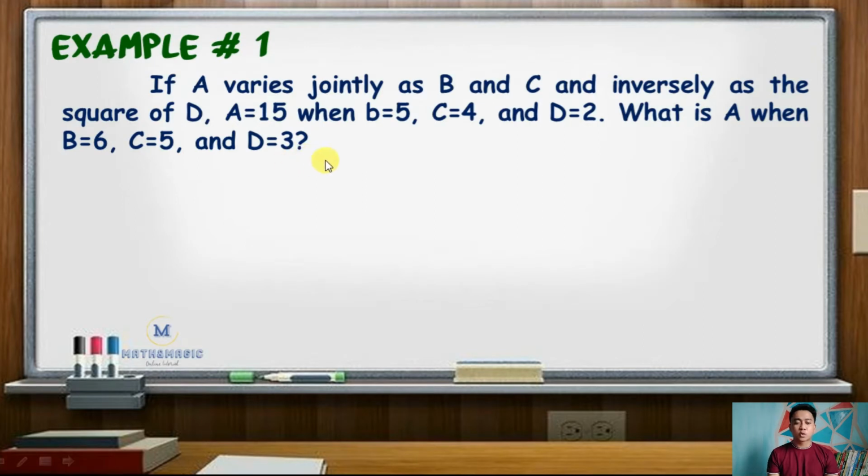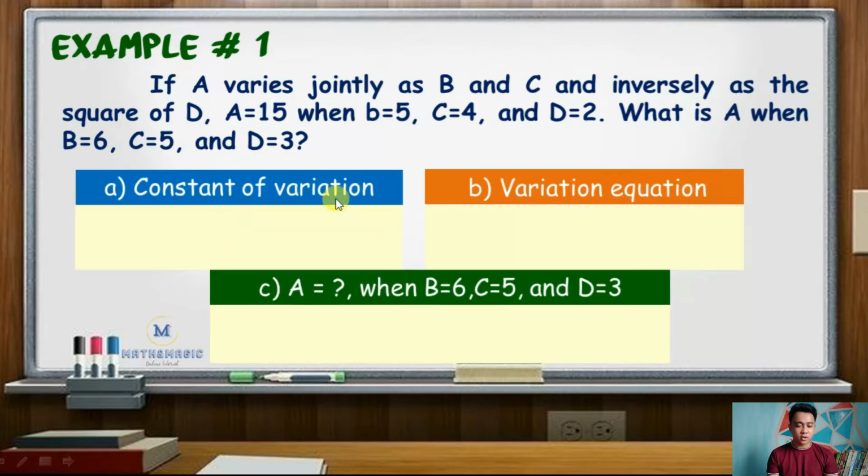Take note that the solution for combined variation is somewhat similar to a joint variation. Here we will solve for the constant of variation, formulate the variation equation, and from this, solve for the missing quantity. In this case, that is the dependent variable A.